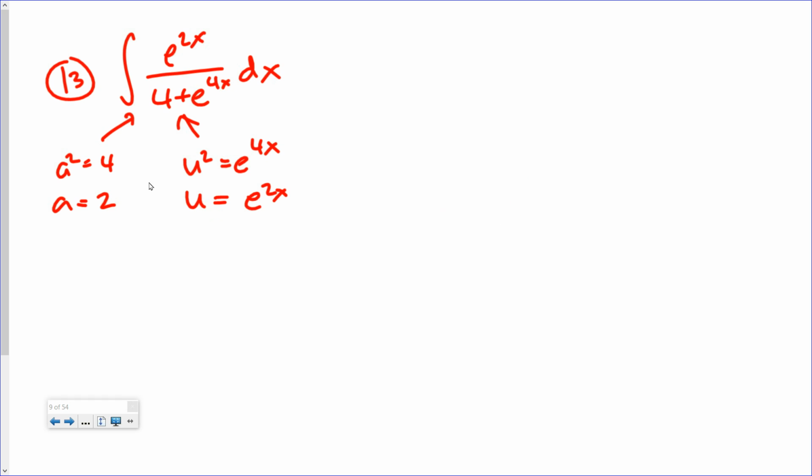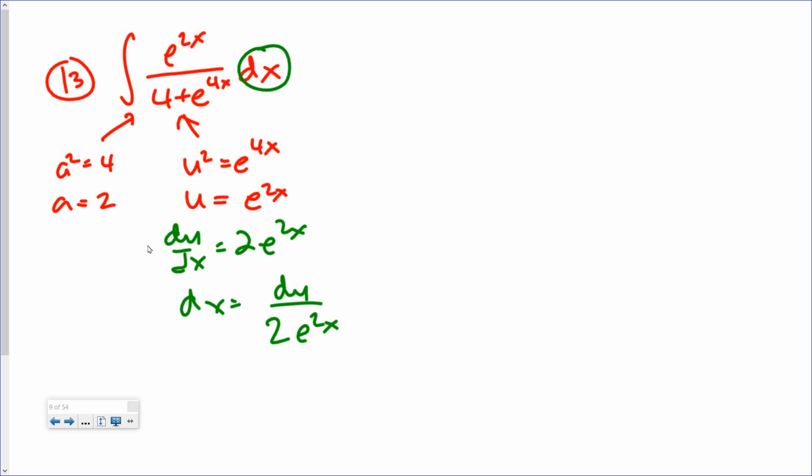And then what I do is I say, okay, I'm going to take this down just like U-substitution. So you take the derivative, which is 2e to the 2x. You solve for dx, which is du over 2e to the 2x. You substitute two things. Now be careful here. Now instead of making this whole bottom my u, u squared is represented only by this part here.